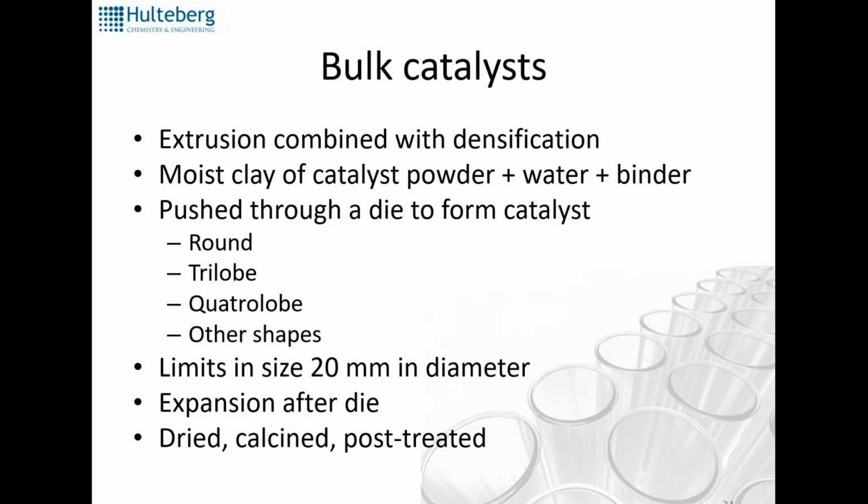In industry you normally use round, tri-lobe, or quadrilobe shapes, and the lobing is on the side, so it creates a little larger surface area, but it also contributes to lowering the pressure drop of the system.